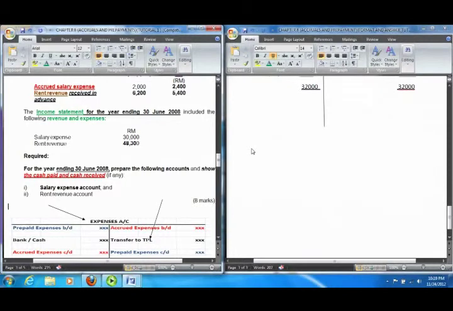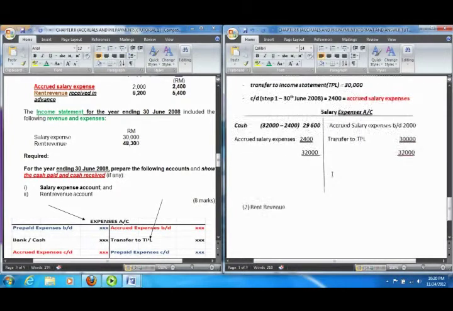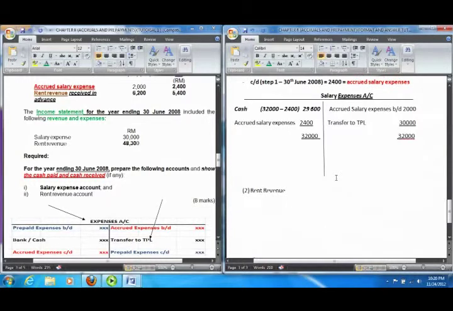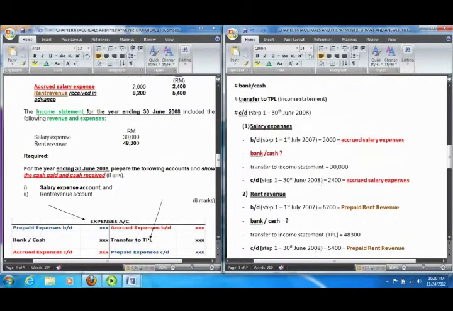Next we go to revenue. We got another account that you need to open, your revenue. Rent revenue. Alright, as I told you, class, information is very important. Where you get your information, it can come from your step 2. You see your information, you know?